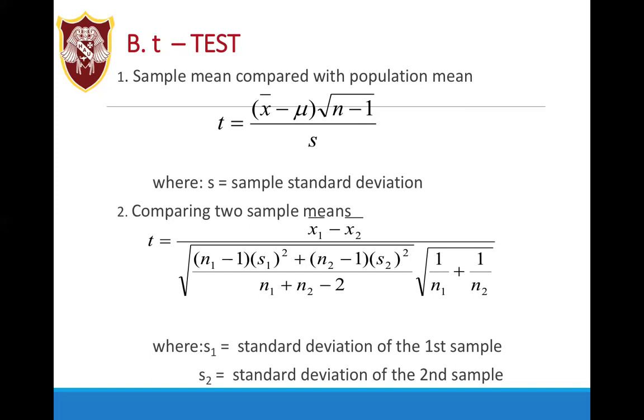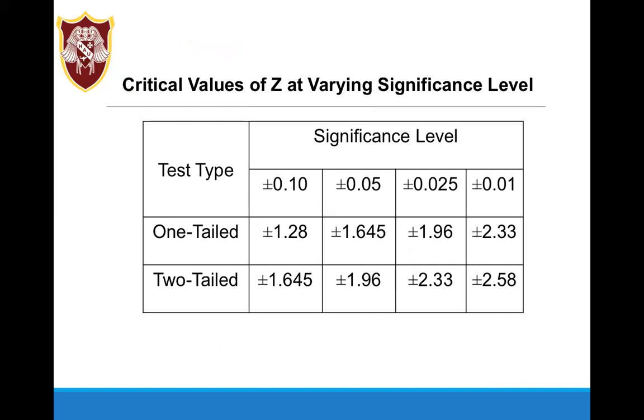All right, so this is the z distribution. So this is where we find the tabular value or critical value when we perform z-tests, depending on the level of significance and the type of test, whether one-tailed or two-tailed.